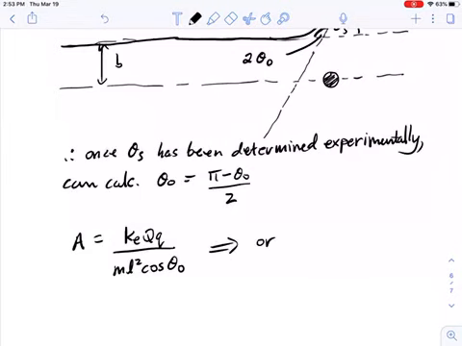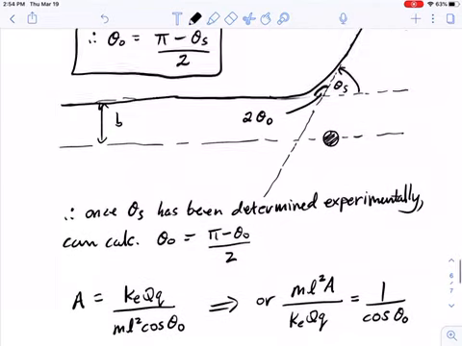If you remember, one of the quantities that was in our expression was A m l squared over k q, so that was one of the quantities we had. Now we've determined that that's equal to 1 over cos of theta naught.